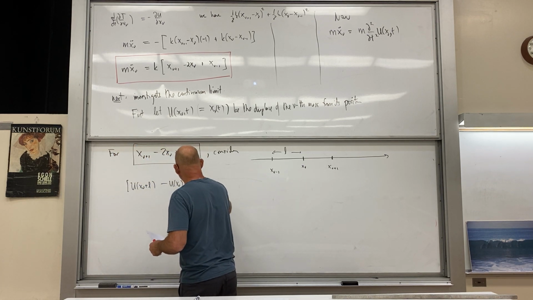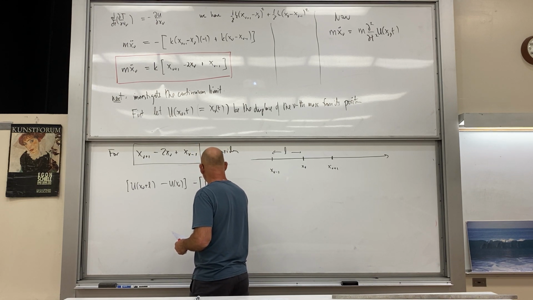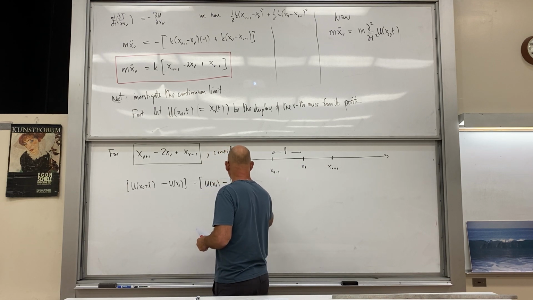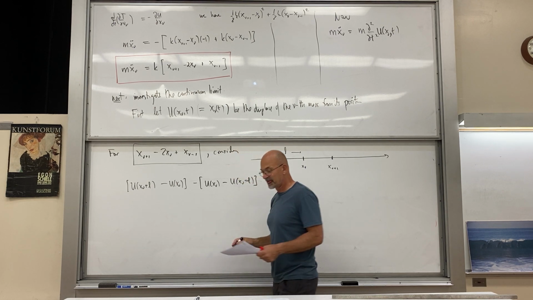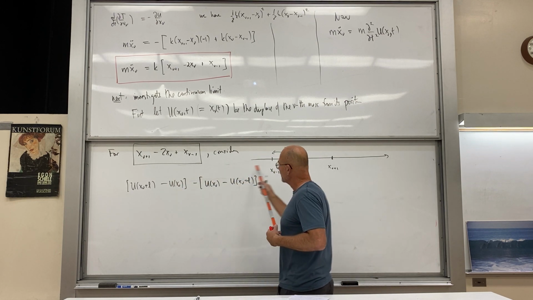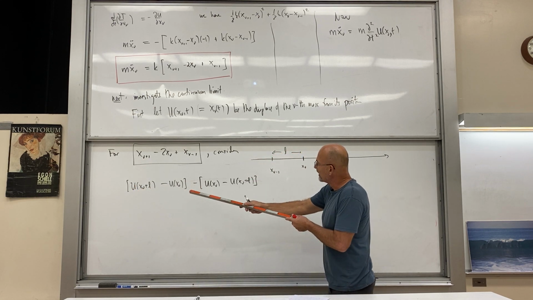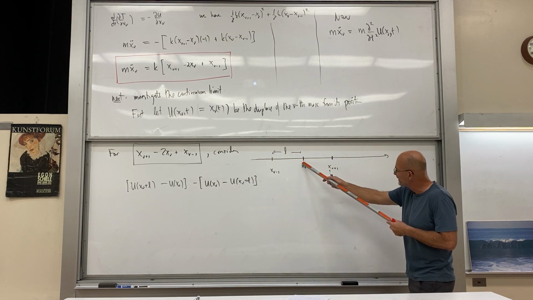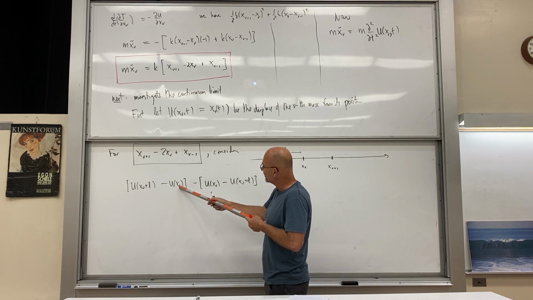That's one of these, minus u of x of nu minus u of x of nu minus L. So since we're in the middle here, x nu plus 1 is the displacement of the function at x of nu plus L. Minus one of these is u of x of nu.